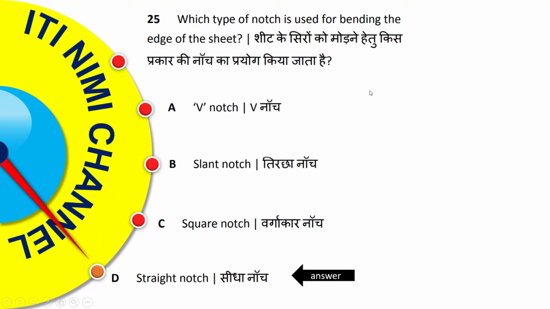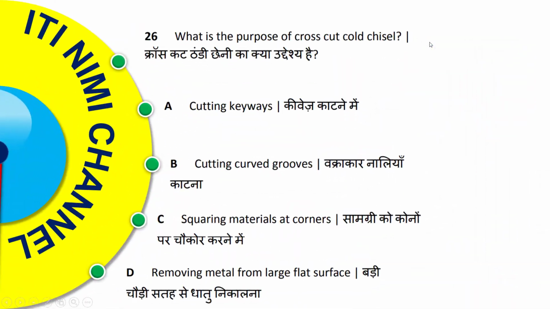The answer is straight notch. What is the purpose of cross-cut cold chisel? Cutting keyway, cutting curved grooves, squaring materials at corners, removing metals from large flat surface. The answer is cutting keyways.